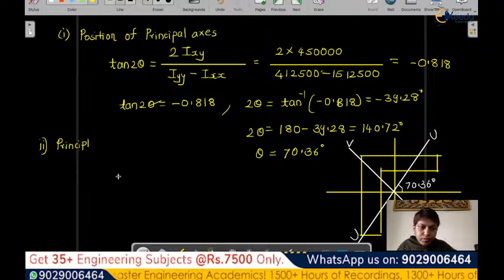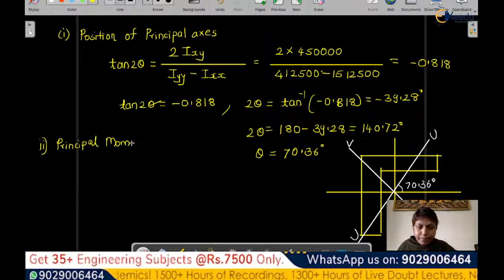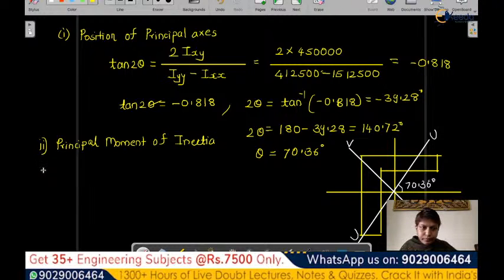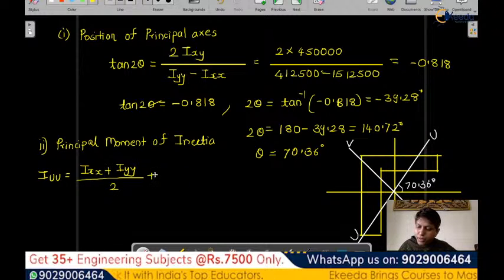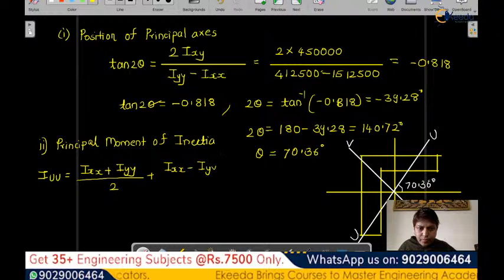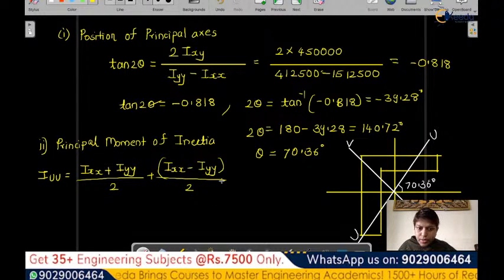So Iuu is equal to (Ixx plus Iyy) by 2 plus (Ixx minus Iyy) by 2 sec 2 theta.